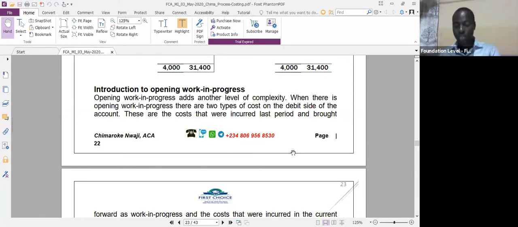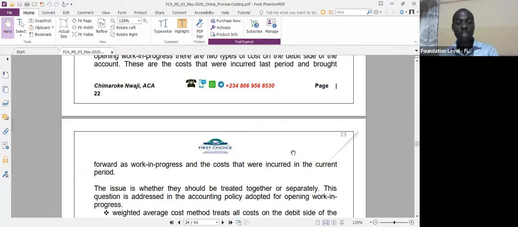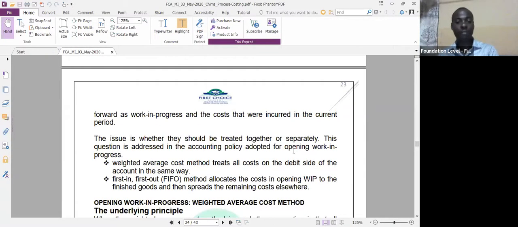And we are also going to incur costs in the current period. Now, the issue is this: should we treat these two costs together, the cost from last period and the cost of this period, or should we treat them separately?